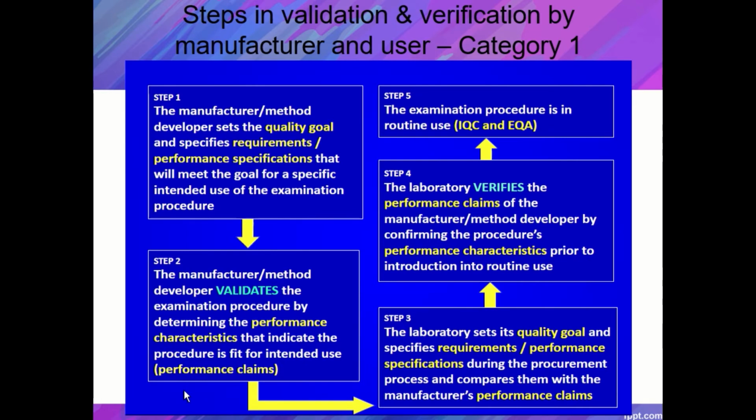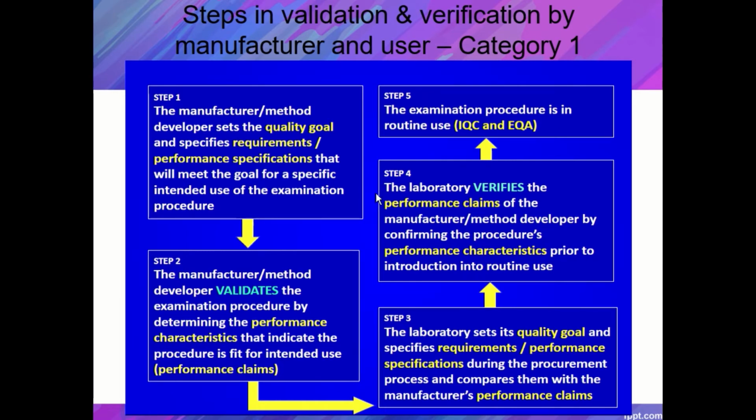So if the laboratory agrees to use the method that the manufacturer has created, then the laboratory sets its quality goal and specifies requirements or performance specifications during the procurement process and compares them with the manufacturer's performance claim.